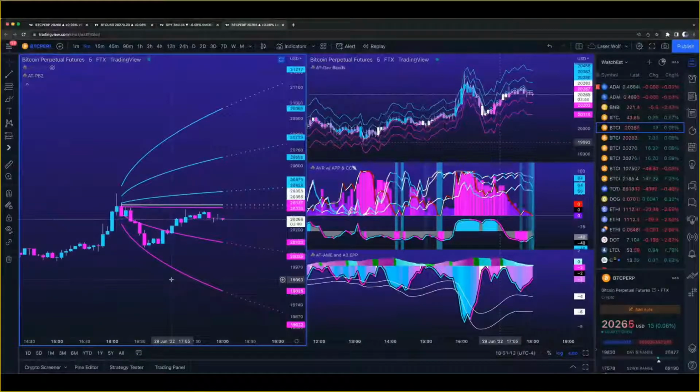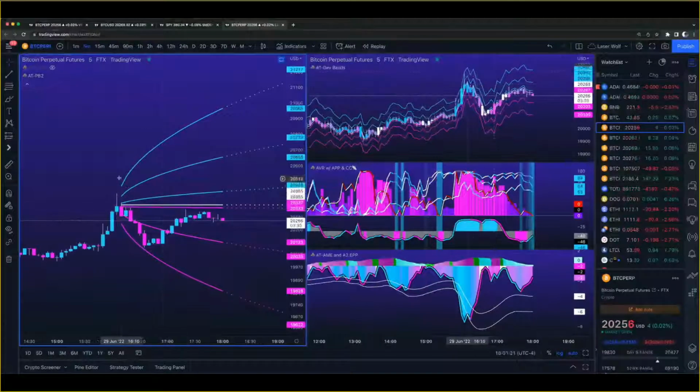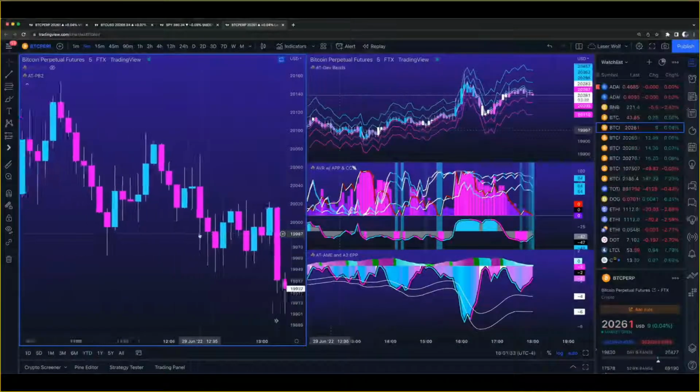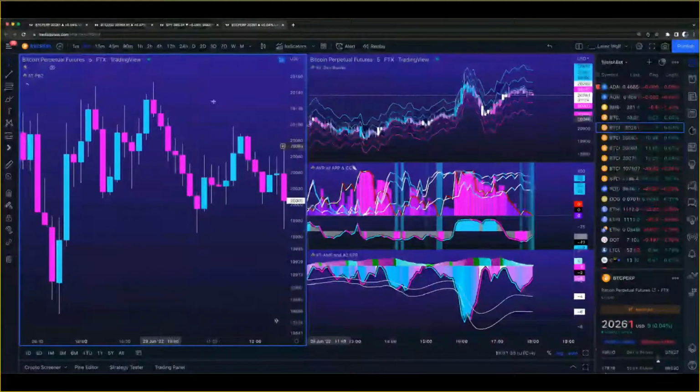If you look at this chart right here, I just showed you the projection from this move. It went up through the 99.7, came back down to the mean. Then you throw the projection on the down move, goes down to the 99.7, back to the mean. People always wonder, what do they call it? They call it chop.